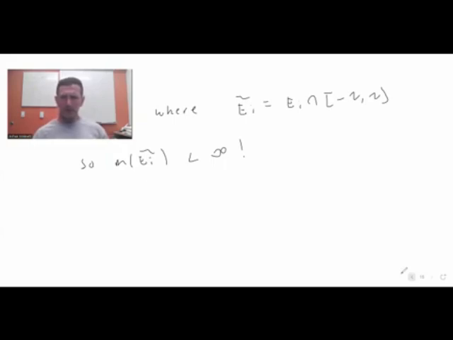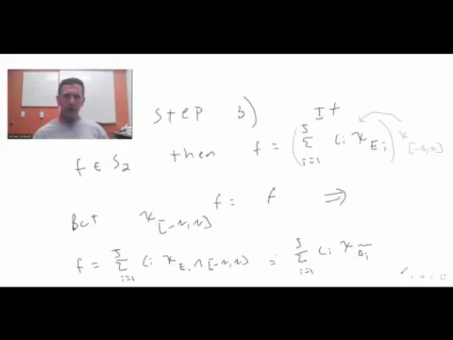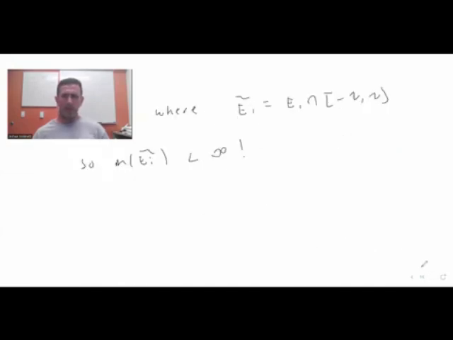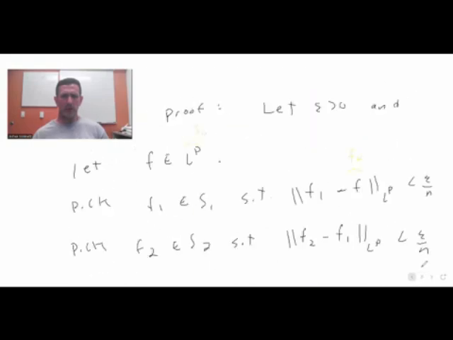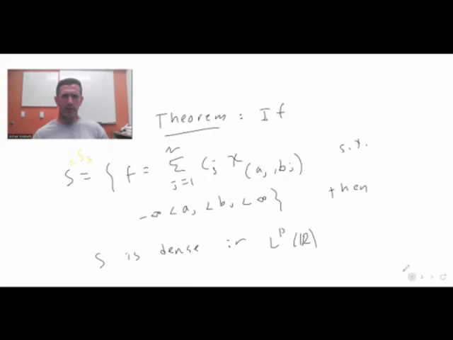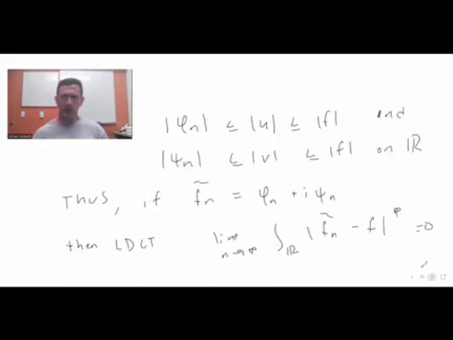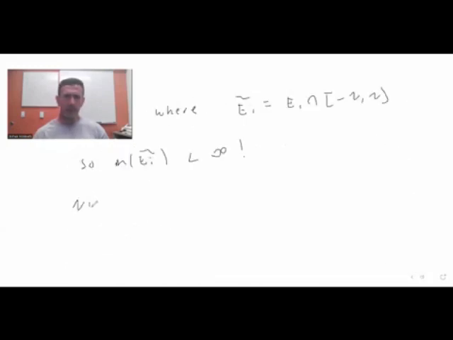So if all the c_i are 0, then f already is in S3. Basically, I don't care what intervals you pick, just set all the coefficients to be 0. So trivially, the 0 function is in S3.